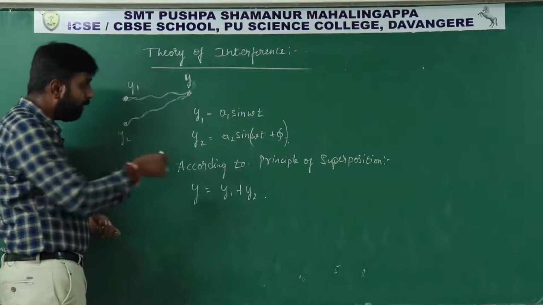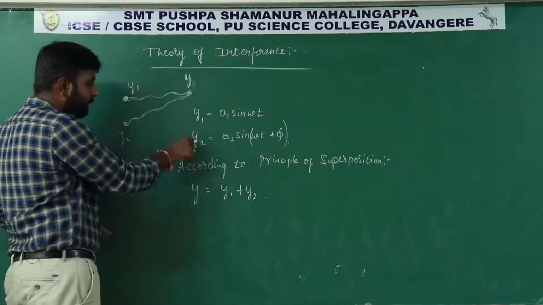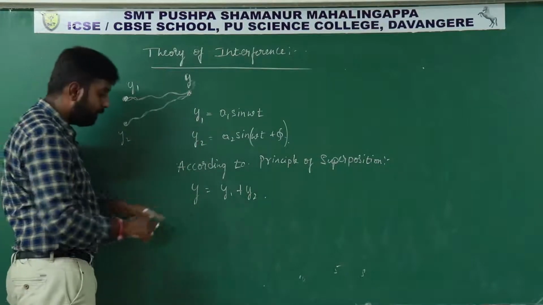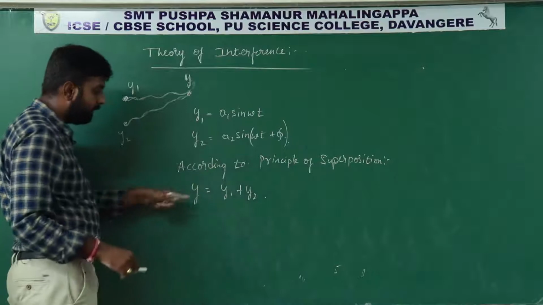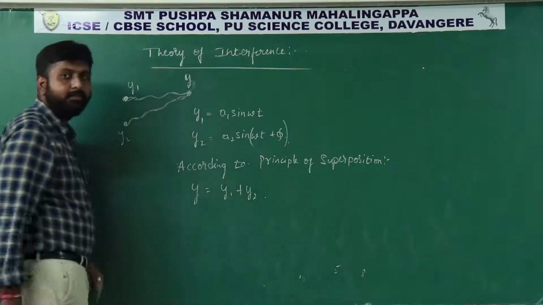Okay, so this is the displacement equation for the first wave, and this is the equation for the second wave. And according to the principle of superposition, the resultant displacement is equal to the displacement produced by the individual waves.